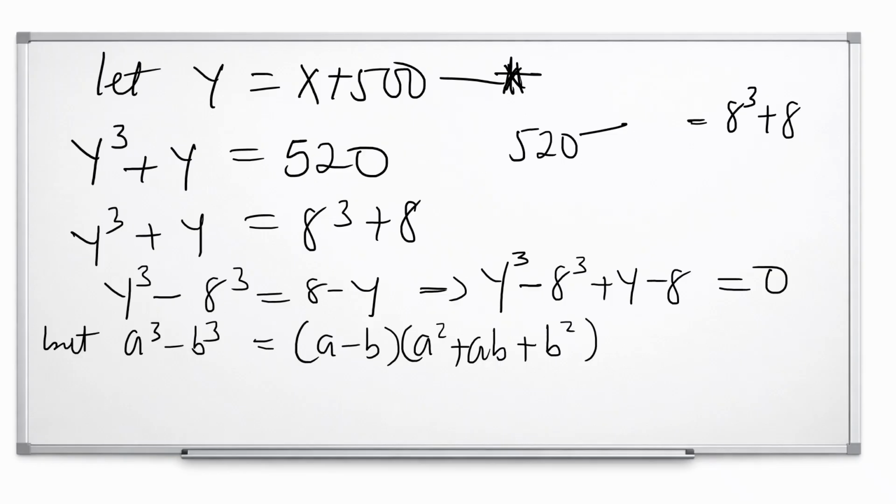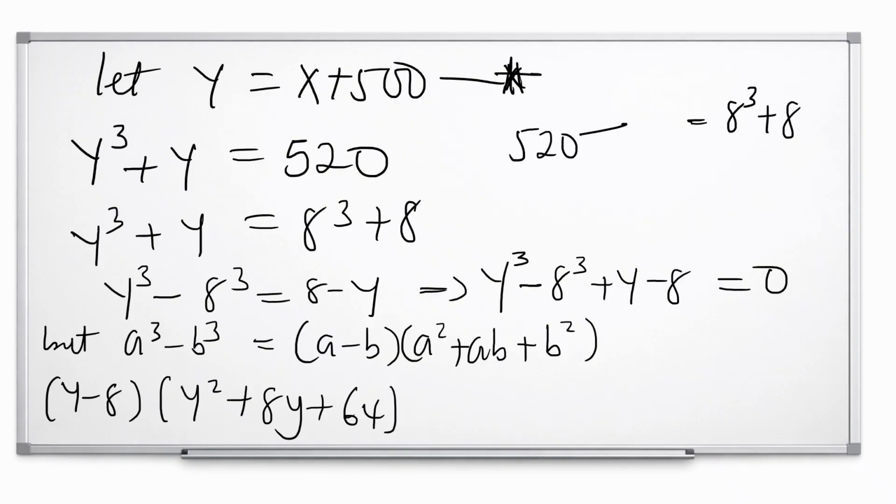So here I'm going to have (y - 8)(y^2 + 8y + 64), and recall that we have y - 8 here: y - 8 = 0. Now looking at this, we have y - 8 and y - 8. We can factor it out.